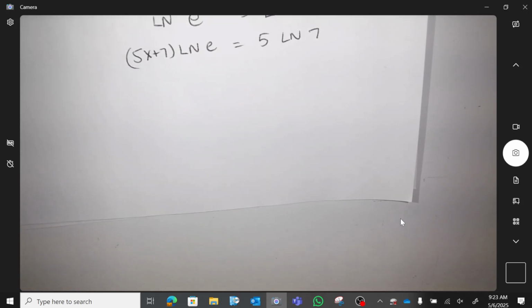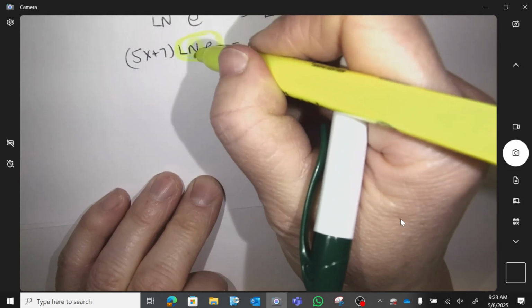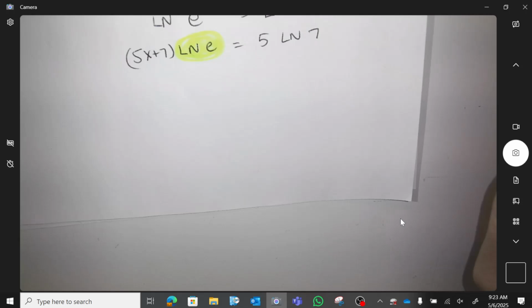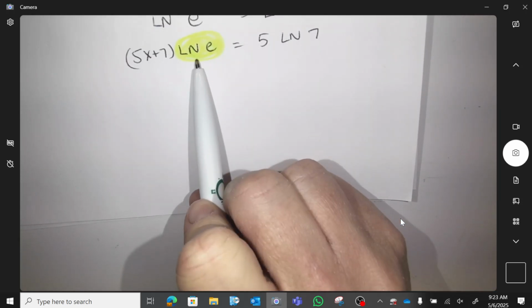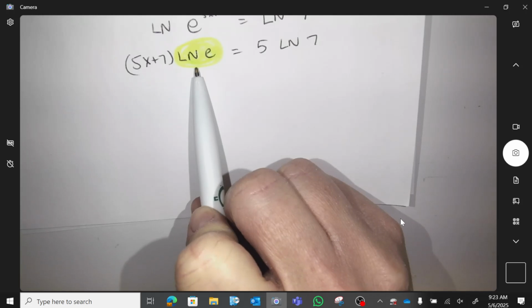Okay, here's now why this is a shortcut. Does anybody know the value for the ln of e? 1. Okay? Here's why. Do you remember the secret base? e.